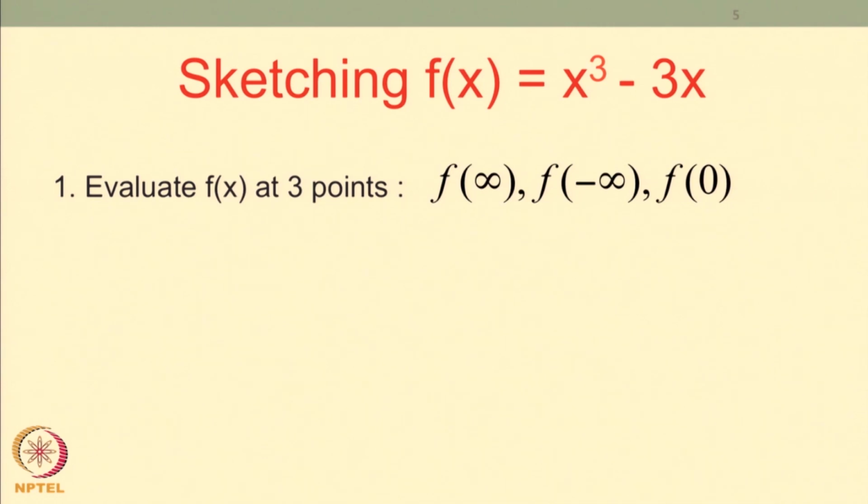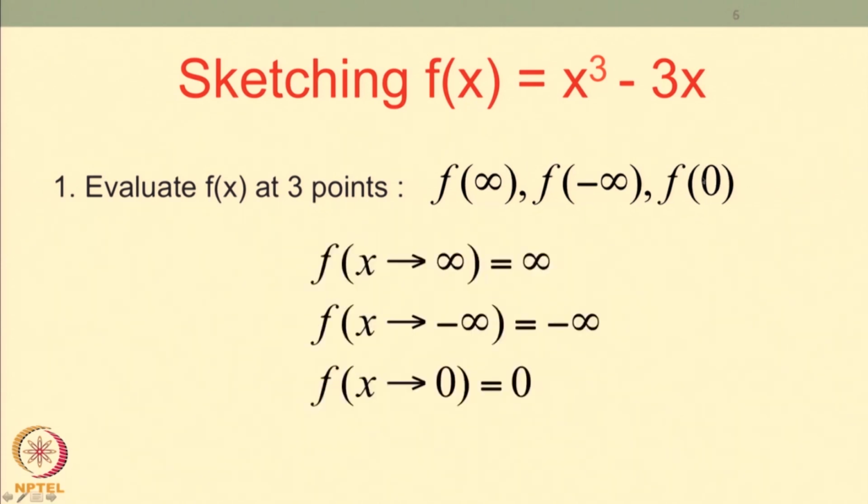So, let us do this step by step. First, we have to evaluate the function at 3 points: infinity, minus infinity and 0. And as we saw, this x cube by 3, so we will do a different function here, x cube minus 3x. So, let us take this function x cube minus 3x. When x is going to infinity, this function also goes to infinity.